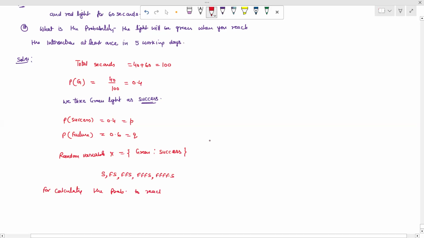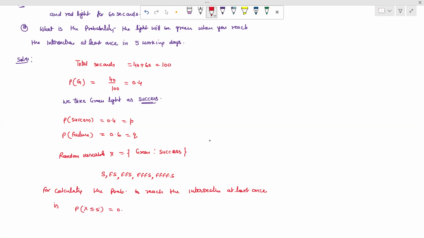We write the probability of random variable x less than or equal to 5, calculated as: first case, success, that is 0.4, plus second, failure 0.6 into success 0.4. Third will be failure, failure, success.